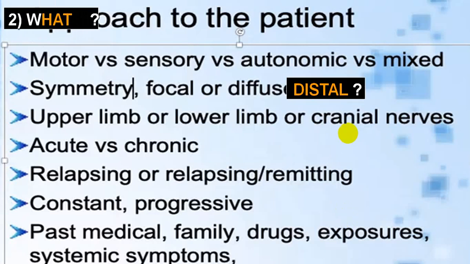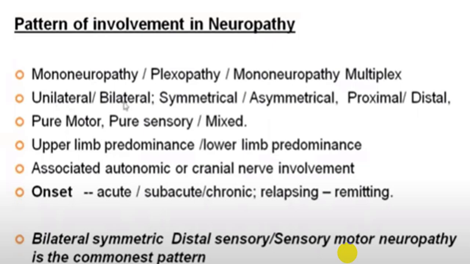I've put this: always try to find out if it is motor, sensory or mixed, whether it is symmetrical or asymmetrical, whether it is upper limb or lower limb or cranial nerve involvement, acute, chronic, subacute, relapsing, remitting, etc. Is it static or progressive, with past medical history, family history, drug history, exposure, etc. I'm going a little faster.